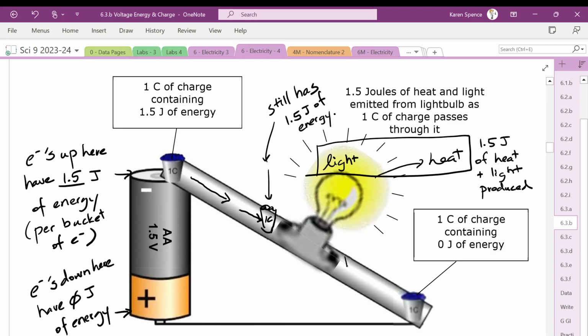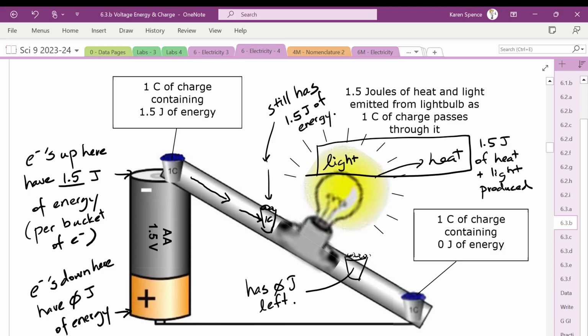So by the time the bucket of electrons gets out the other side, how much energy is left? 0 joules left.